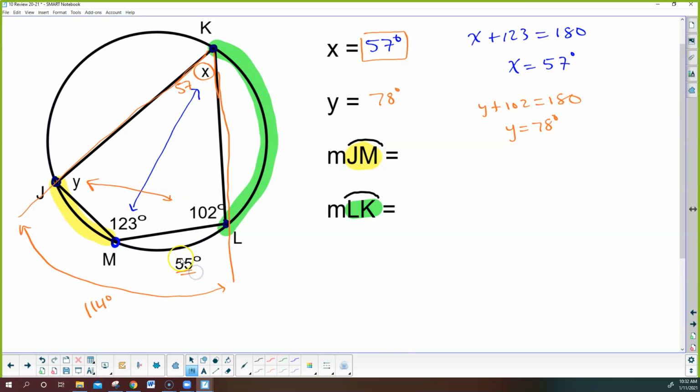But 55 of that is already taken up by the arc ML. So the measure of JM is 114 minus 55, which is 59 degrees. So this arc is 59 degrees.